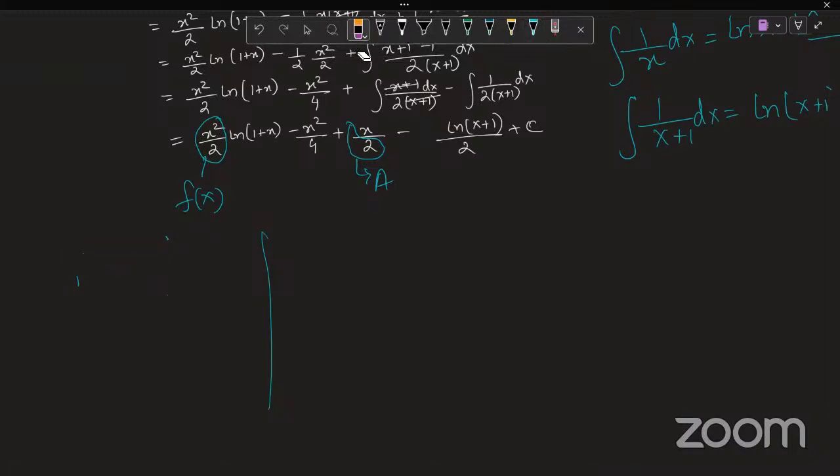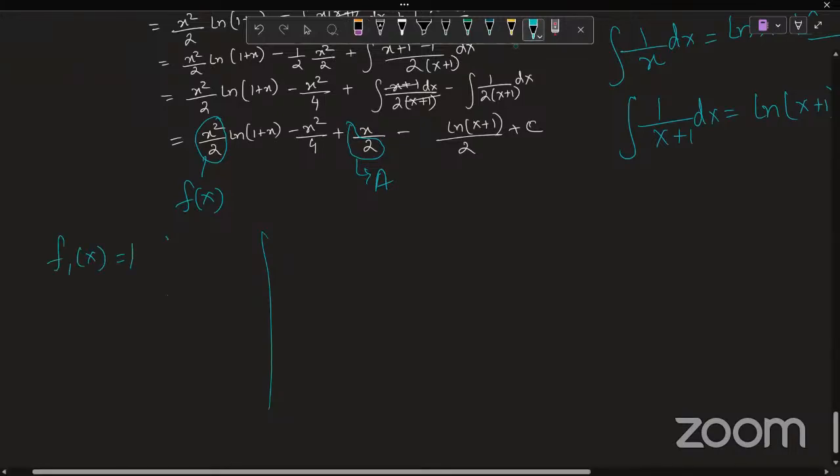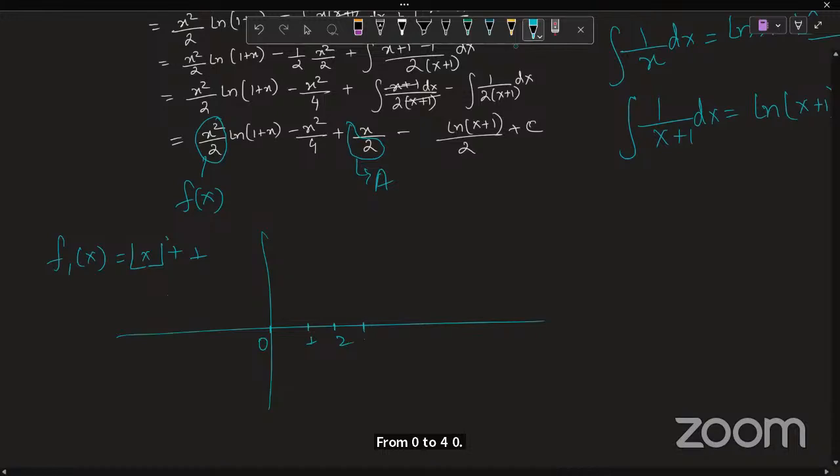Let me line this up first. x plus 1, right? This one is the value from 0 to 4: 0, 1, 2, 3, and 4. So what will be the greatest integer from 0 to 1?